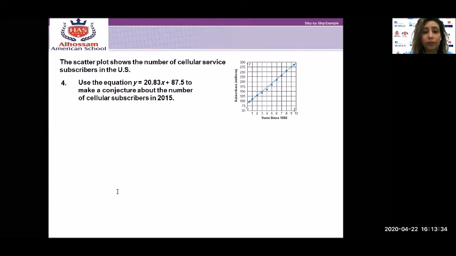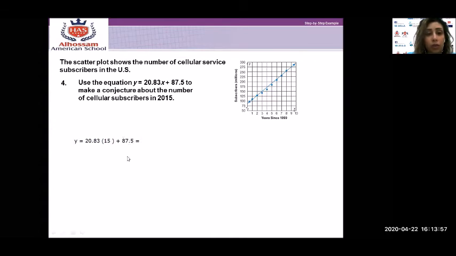Y equals 20.83, it's a gift for you, it's already given, multiplied by 15, because here it is 2015, plus 87.5, and then just find the answer.